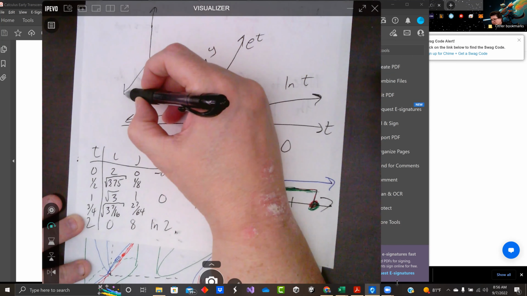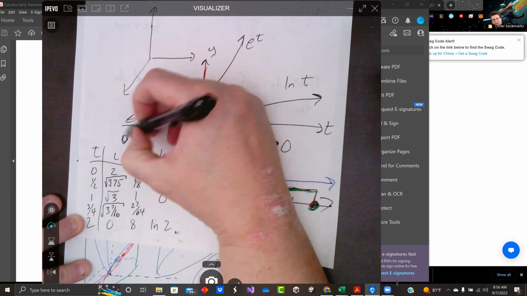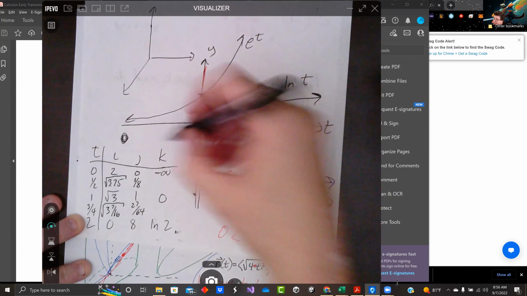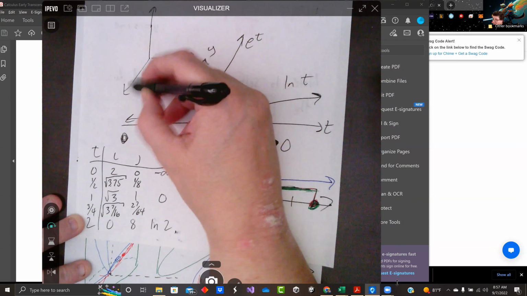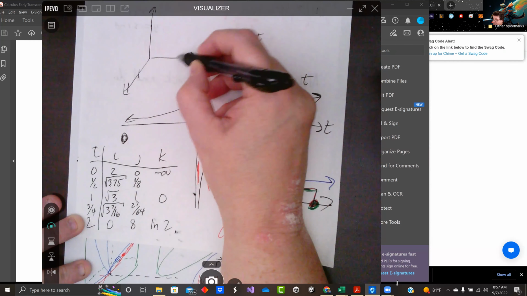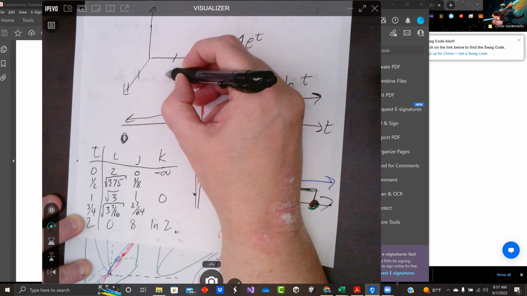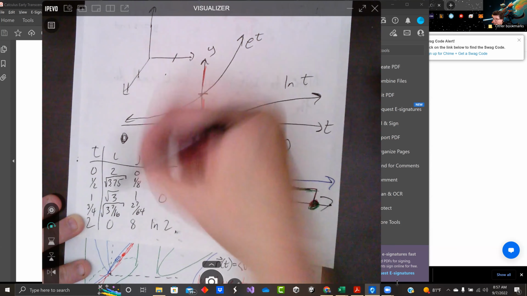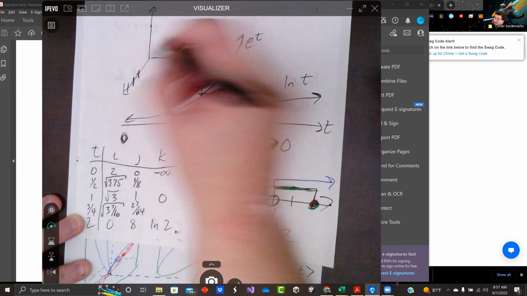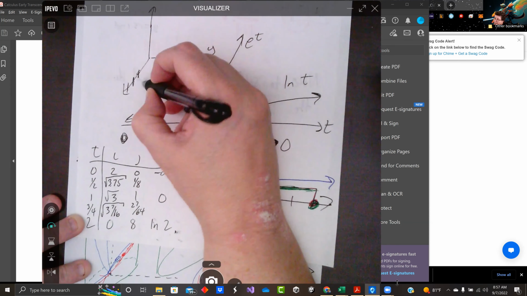2, 0, negative infinity, like there's a hollow point way down here. 1, √3 we'll say is over here. Sorry, √3 is right there, and 1's closer to there, so maybe there.